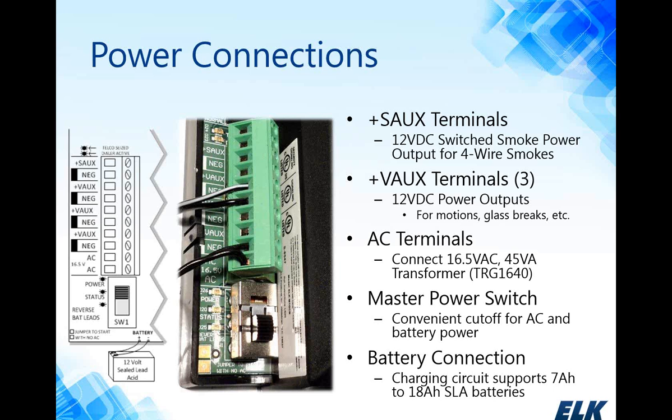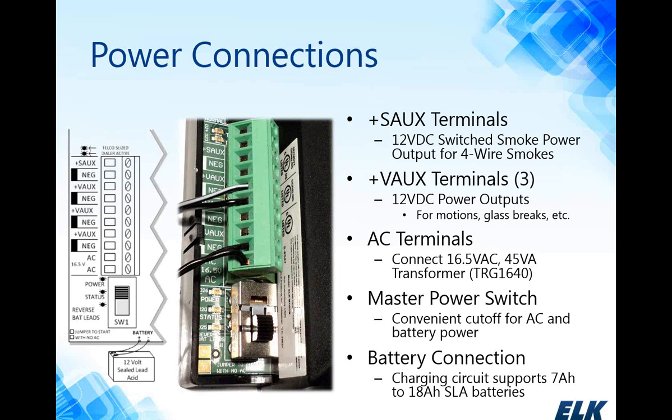The AC terminal input is for your low voltage step-down transformer, the ELK TRG 1640, which is included in the kit, and this supplies AC power to the M1 control. Below the AC terminal input is the master on-off switch, and this is a convenient way to cut off both the AC and the battery to the control for service or updating, or if you just need to power down the system for whatever reason.